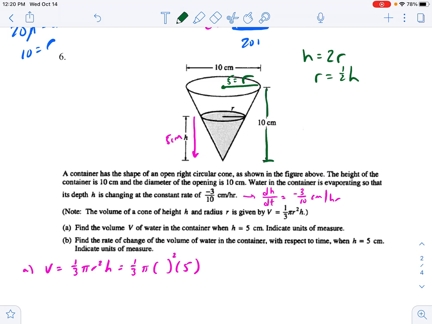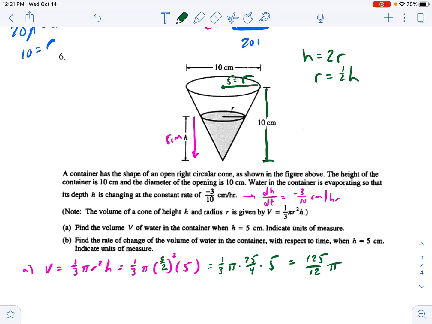So in this cone, if the height is 5, the radius is going to be 5 halves. And I'm going to write this as 125/12 pi. Okay, that I don't think is going to simplify, so I'll just leave it like that. But there's the volume, okay?